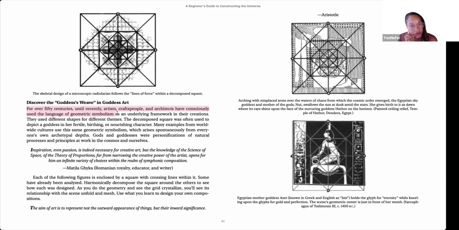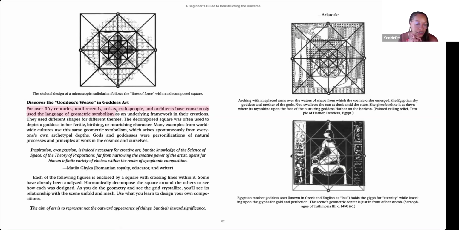The decomposed square was often used to depict a goddess in her fertile, birthing, or nourishing character. Many examples from worldwide cultures use the same geometric symbolism, which arises spontaneously from everyone's own archetypal depths. Gods and goddesses were personifications of natural processes and principles at work in the cosmos and ourselves.